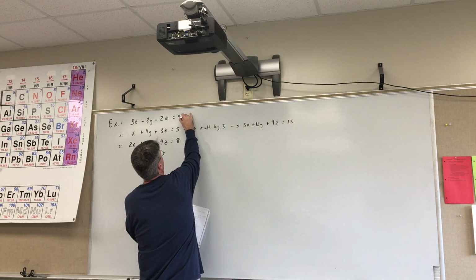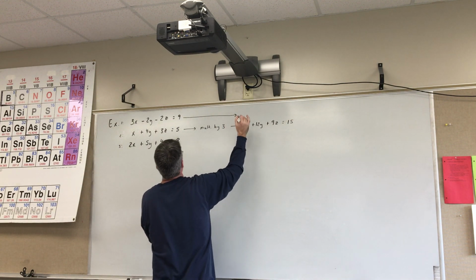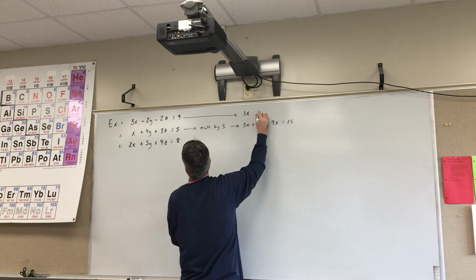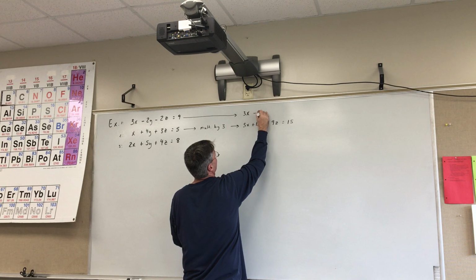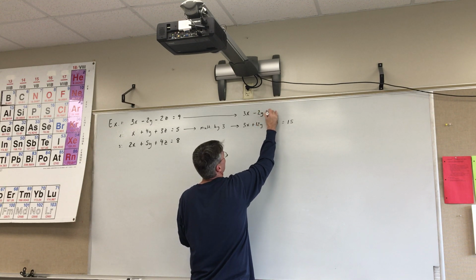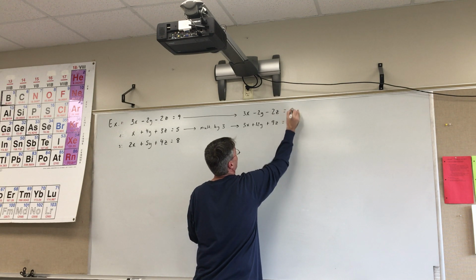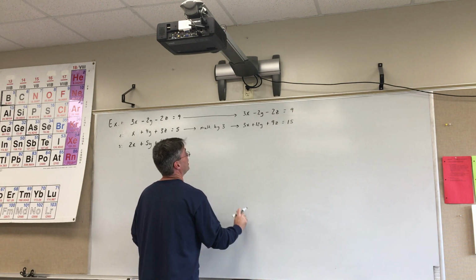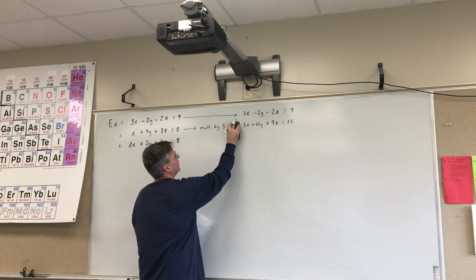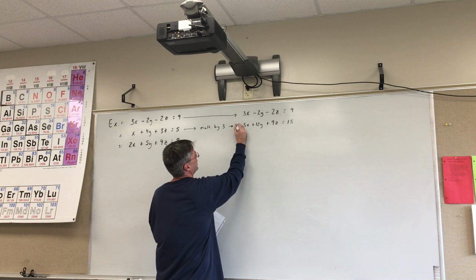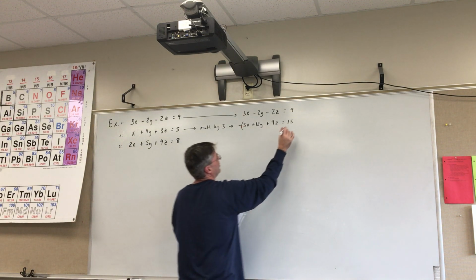And I'm just going to move equation 1 over here, and we'll have 3x minus 2y minus 2z is equal to 9. And so I can get rid of x by subtracting the second equation from the first equation.